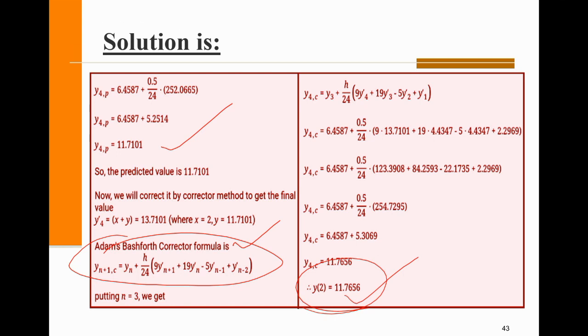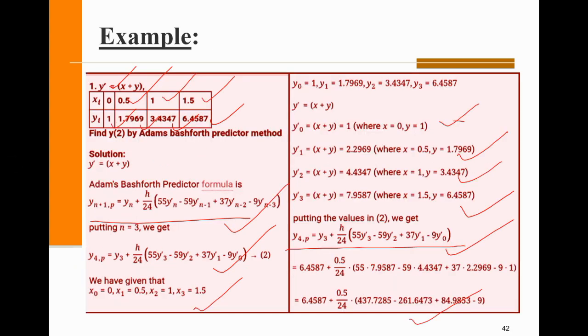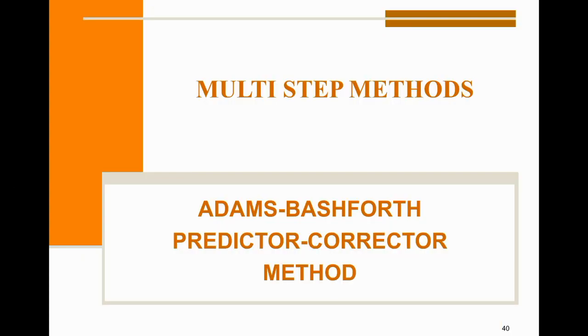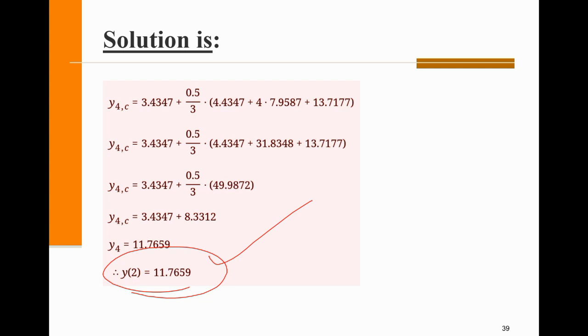Now let us see, just remember 11.7656, and this is your value by Milne's method, 11.7659. So the difference is very less, but the result is more accurate as compared to Milne's method.